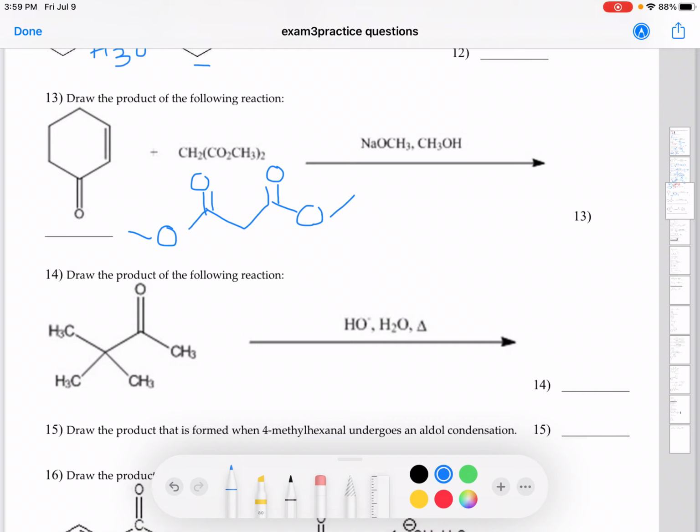Like this. So when you add a base, sodium methoxide, so there are 2 hydrogens here. So one of these hydrogens can be lost, can be taken and form the anion over here.